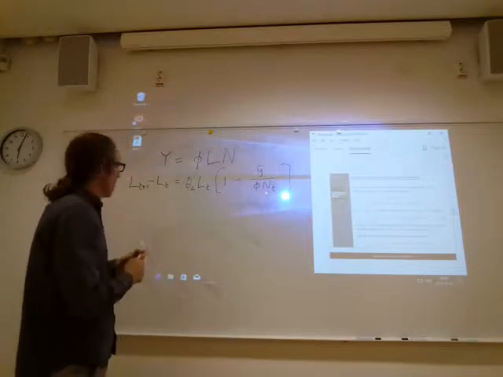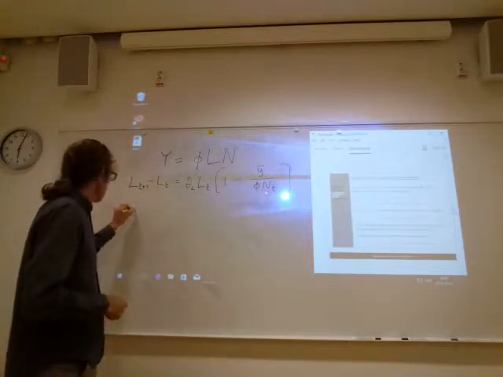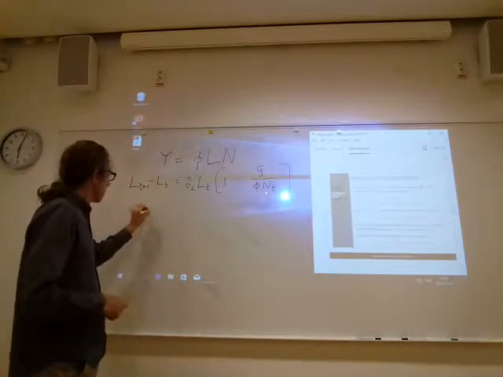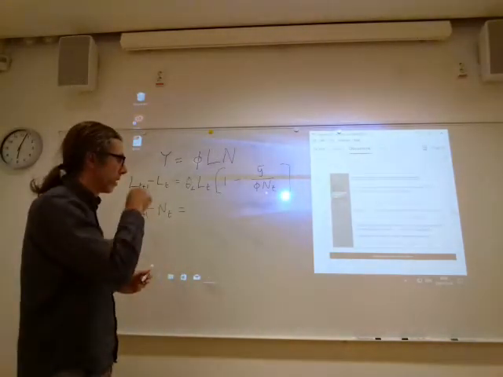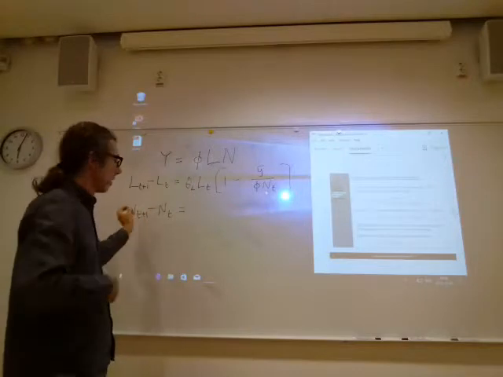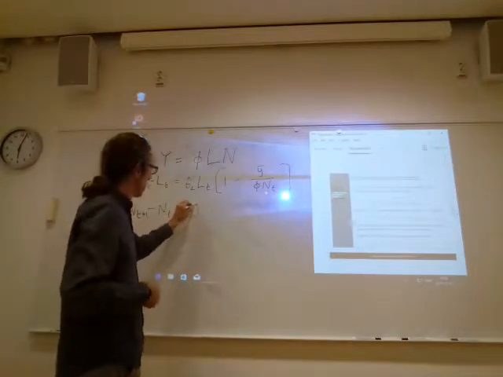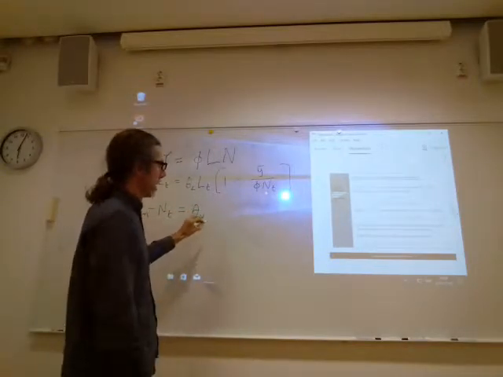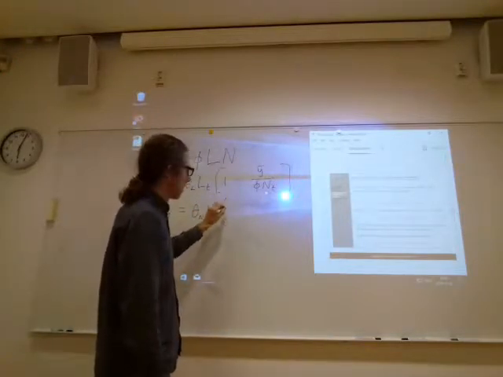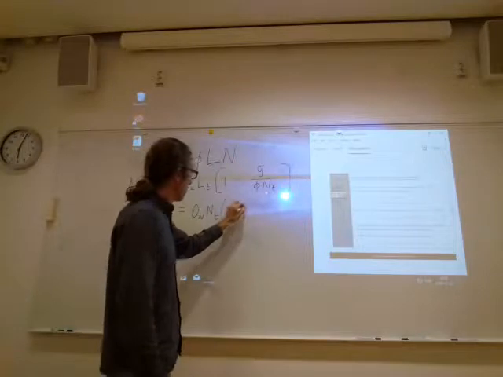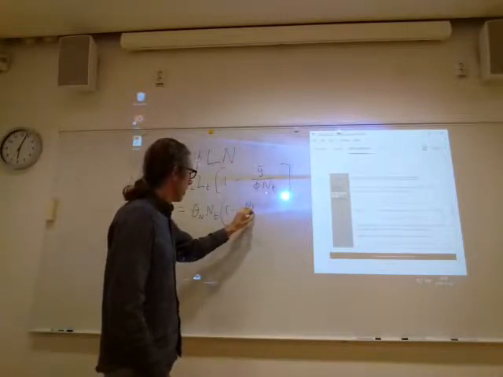Okay, and to do that we need another logistic, or we choose anyway another logistic function. nt plus 1 minus nt, so this is the change in the number of animals, is theta n nt times 1 minus nt over n star.